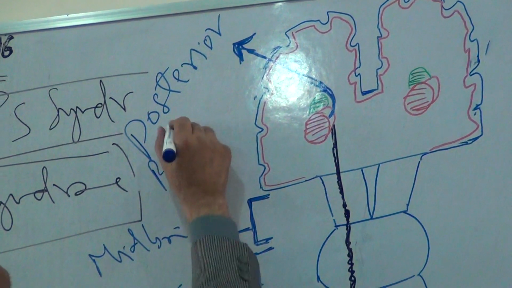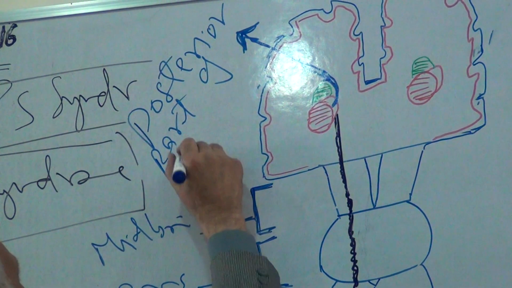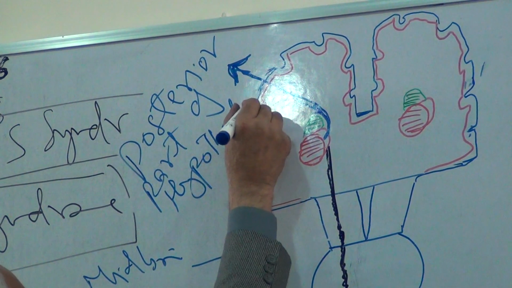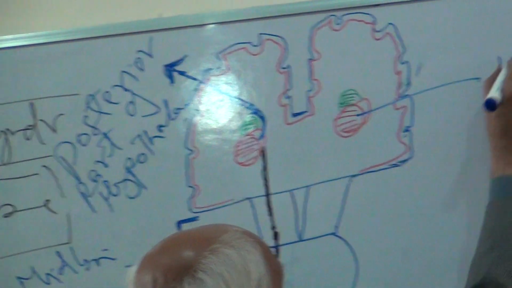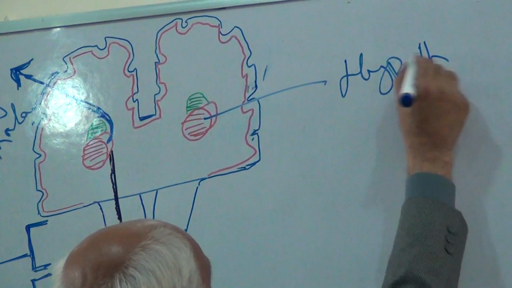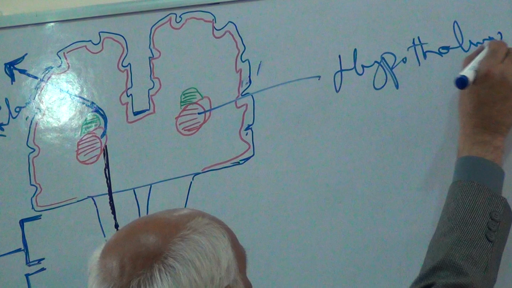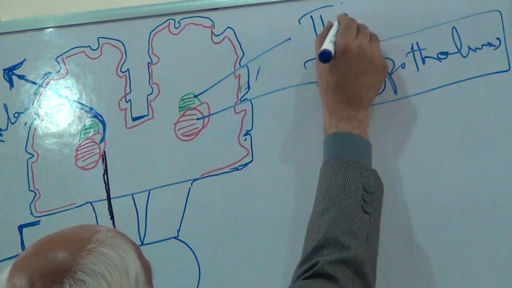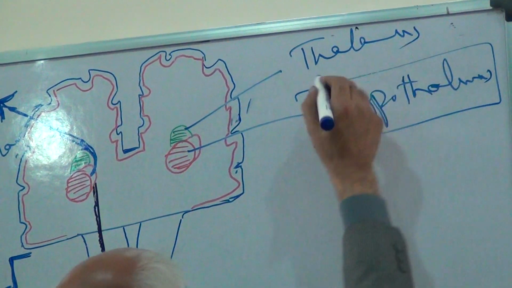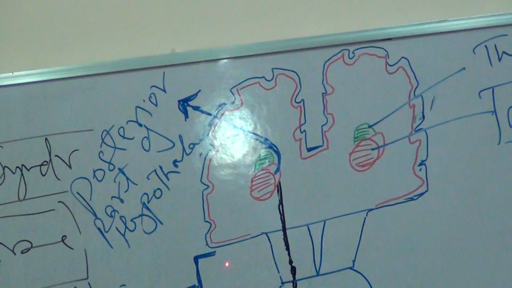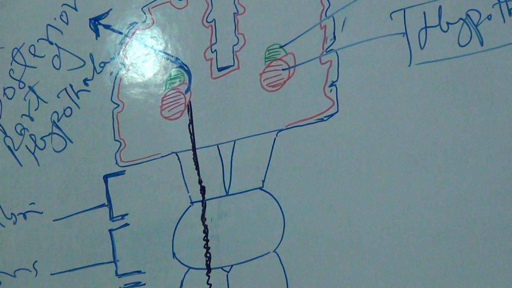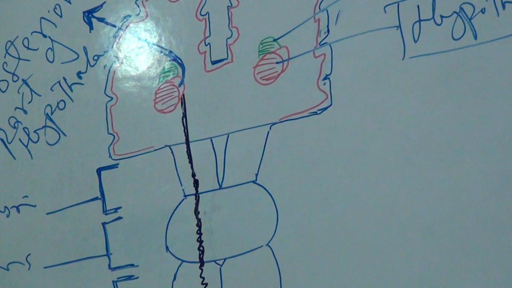This is the hypothalamus and a small part of the thalamus. You can see on each side, the diencephalon. So a bundle of nerve fibers arises from the posterior part of the hypothalamus or posterior nucleus of the hypothalamus.